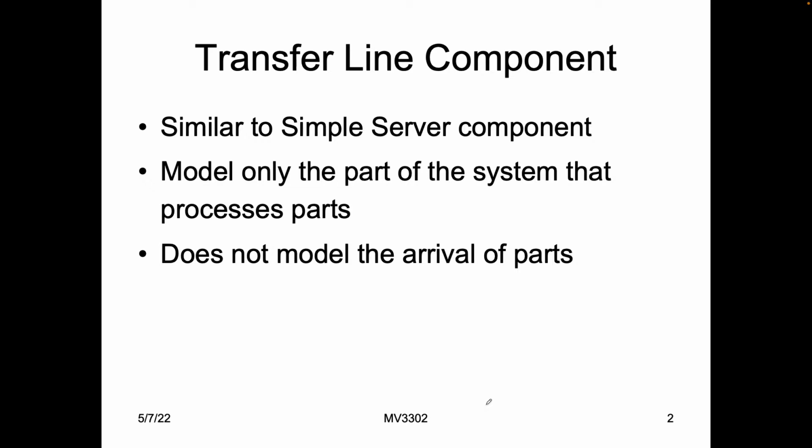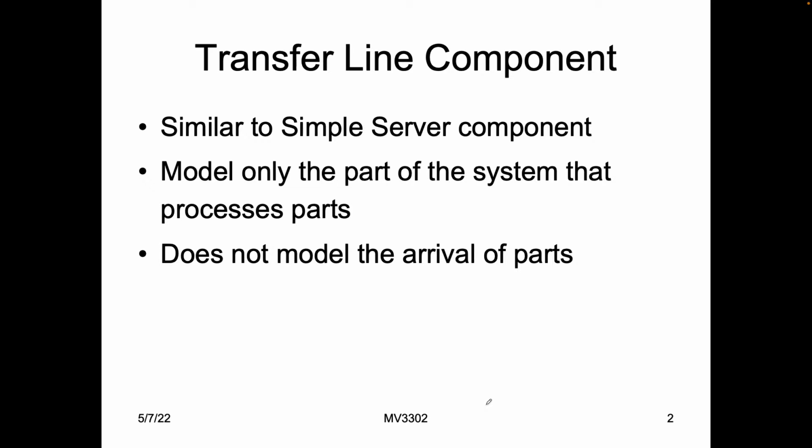And in a similar way, the transfer line component takes the transfer line model that we did yesterday that started to look a little bit like spaghetti, and makes it a bit simpler to only have the part of the system that processes the parts, as it were. It doesn't model the arrival.